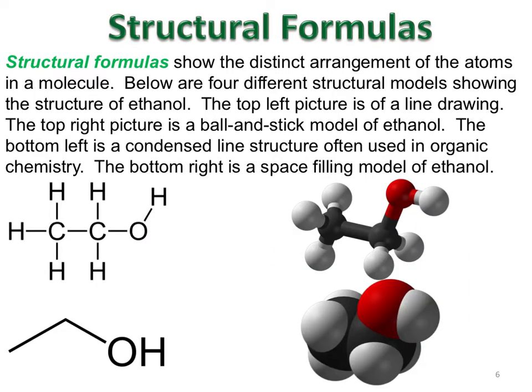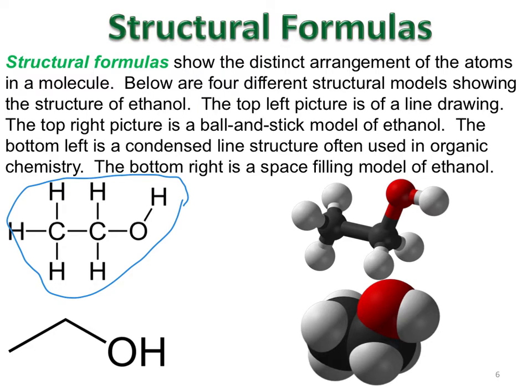A structural formula shows the distinct arrangement of atoms in a molecule. Below are 4 different types of structural models of, in this case, ethanol. The top left-hand picture is simply a line drawing. It shows how each atom is connected to each other using the atomic symbols for the carbons, hydrogens, and oxygen.